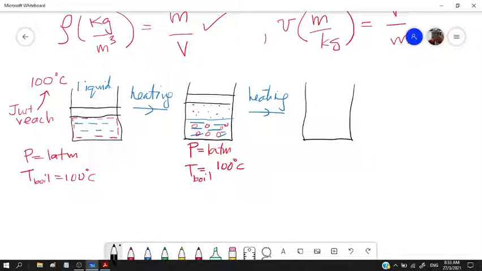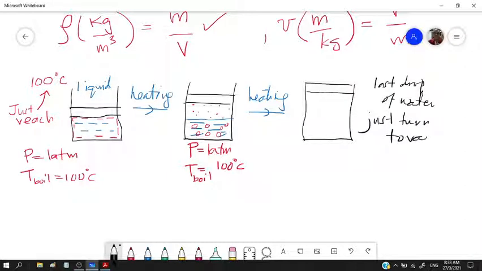And if we continue the heating process, we could see that the piston will rise. Let's say this is the state whereby the last drop of water just turned to vapor. Meaning that what we have inside here, everything should be in vapor form.